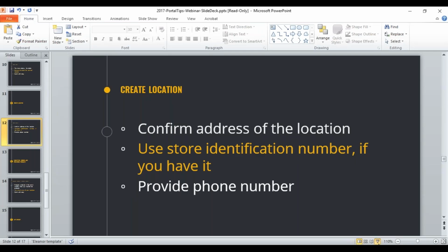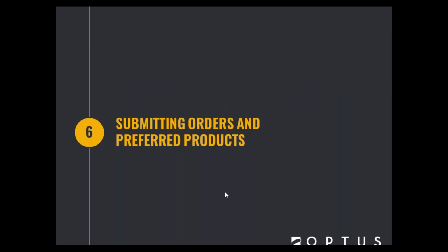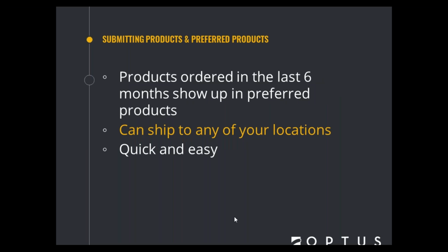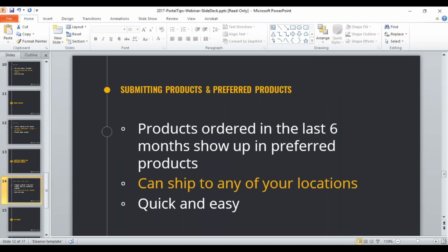So switching back over to the presentation, we'll go ahead and take a look at submitting orders and preferred products. So products ordered in the last 6 months show up in the preferred products section, and I'm going to show you exactly where that's at. Now, why is this so important? Well, it makes the ordering process so much easier.